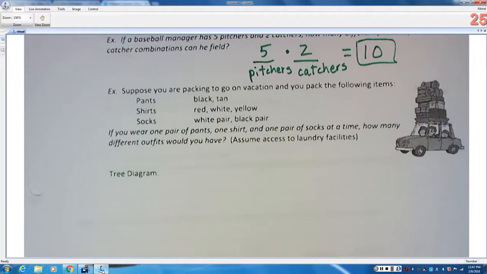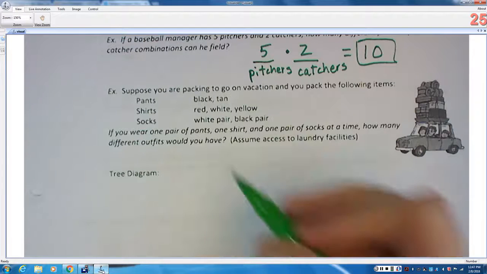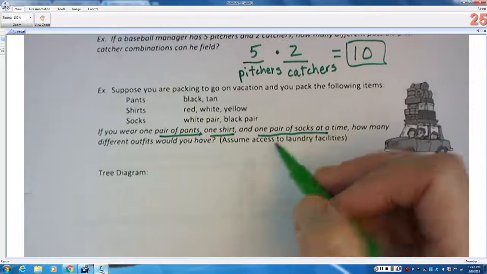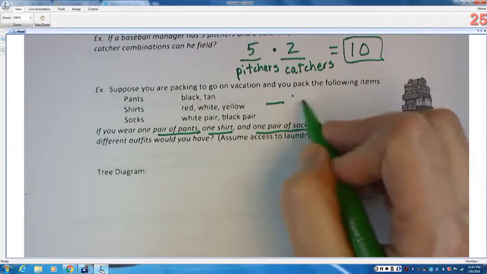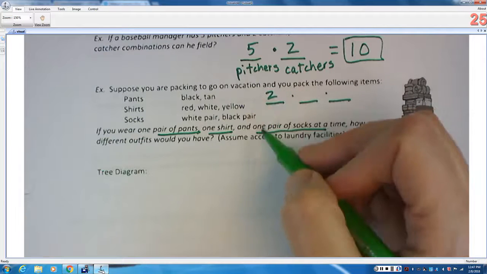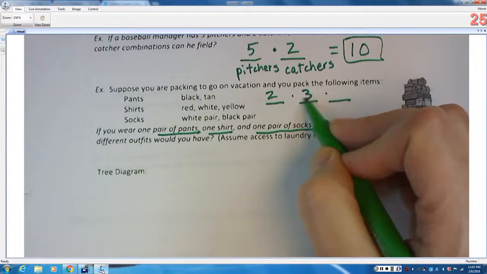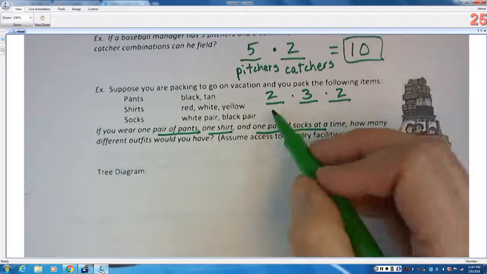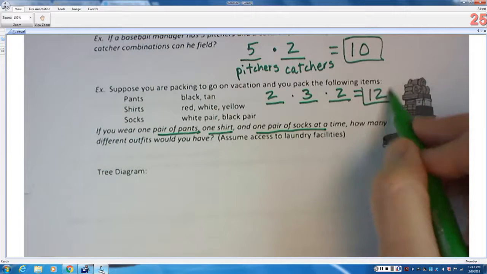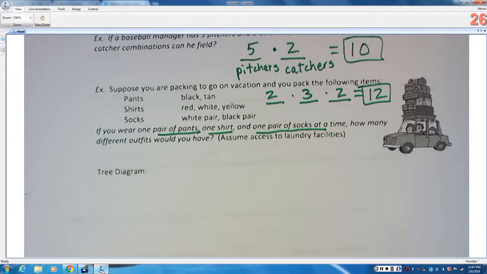So how many different outfits, if you're going to pick 1 pair of pants, 1 shirt, and 1 pair of socks, you're just going to multiply these things. The pants, you got 2 of them. 3 shirts and 2 pairs of socks. 2 times 3 is 6, times 2 is 12. 12 different outfits. So, gosh, that's almost 2 weeks worth.